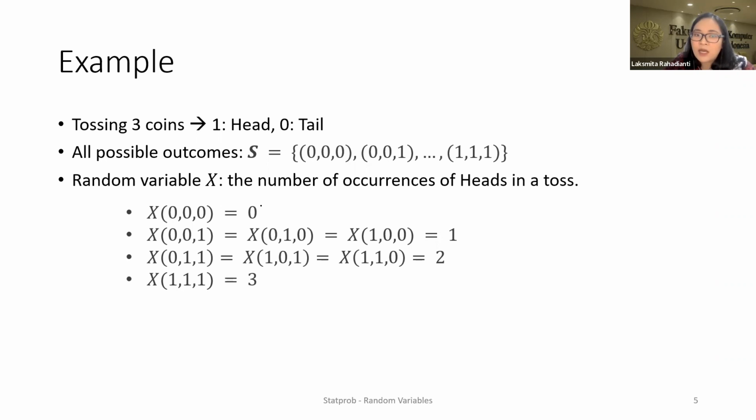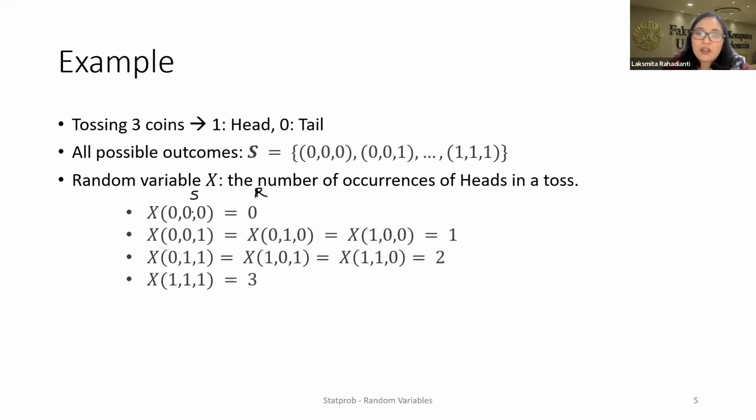It makes sense because in this event, there are 0 heads. And so on. For the event 0, 0, 1, 0, 1, 0, 1, 0, 0, I assign the number 1. This is my sample space, and this is my real number. And so on, I have 1, 1, there's 2 here, and 3.